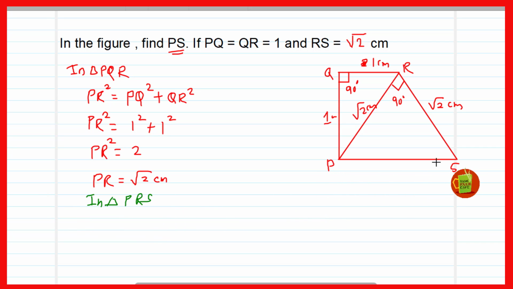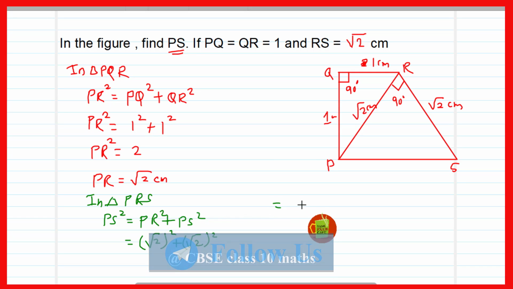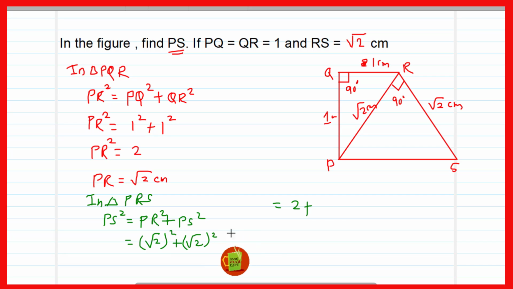In this triangle, PS square, the square of the hypotenuse, is equal to the sum of the squares of the other two sides, that is PR square plus RS square, which is √2 square plus √2 square. √2 square is 2, plus √2 square is 2, so PS square is equal to 4.